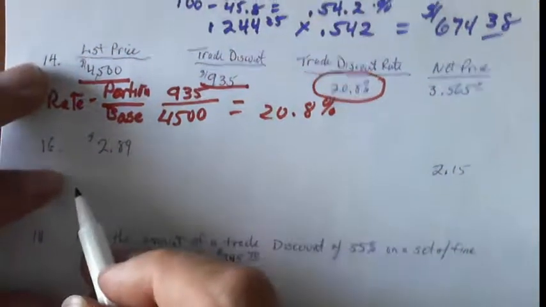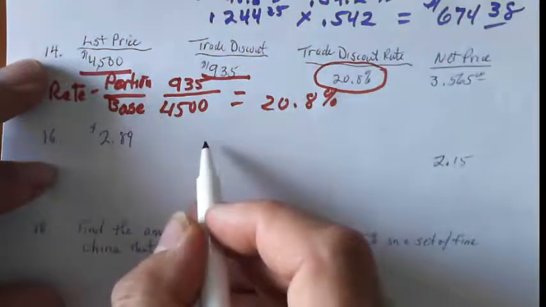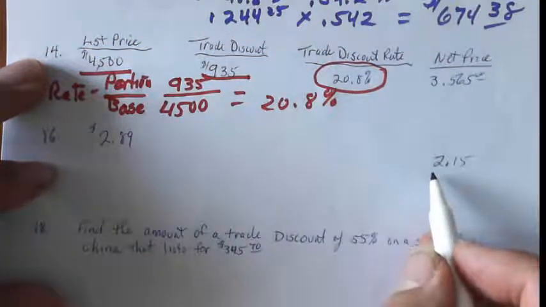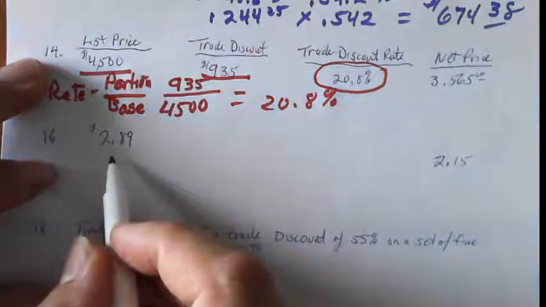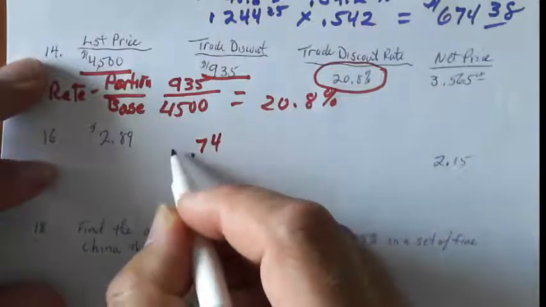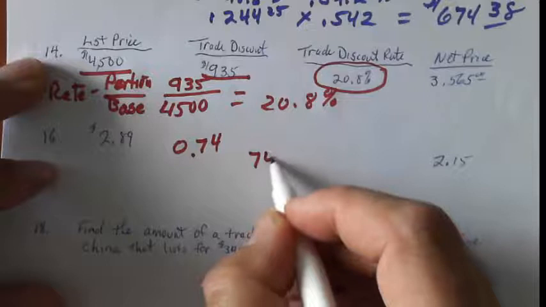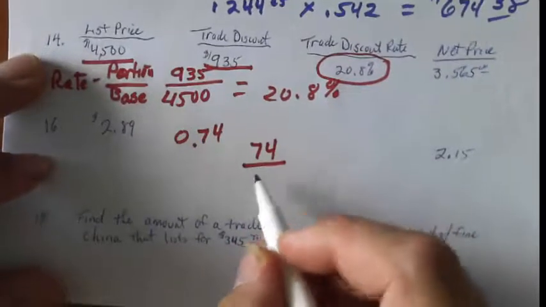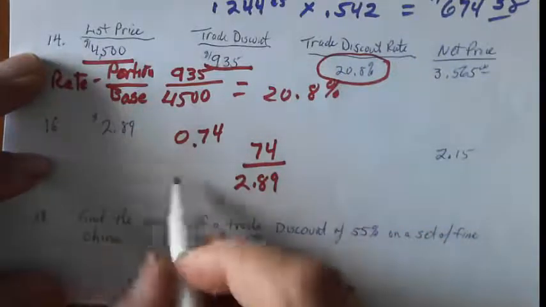So let's take a look at number 16. So they gave you the net price. Okay, so that's not the part, but you need to get the discount. So how do we get that? Well, we subtract the net price from your list price, and you would get 74 cents. Okay, so that's going to be your part. So then our setup is going to be 74 over 289 to get our rate, right?